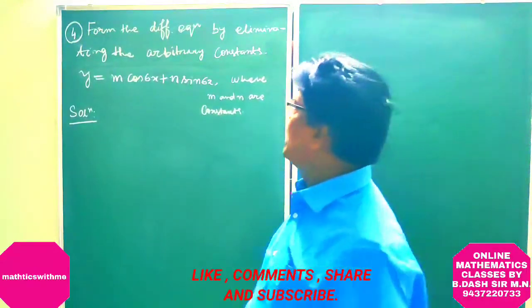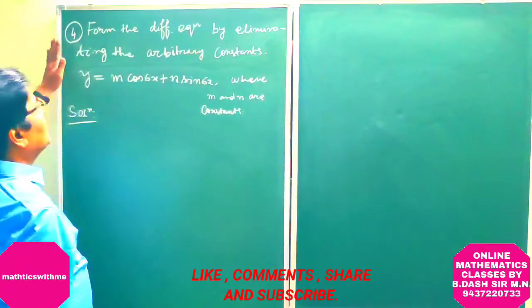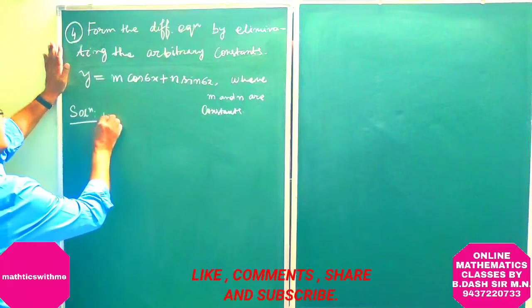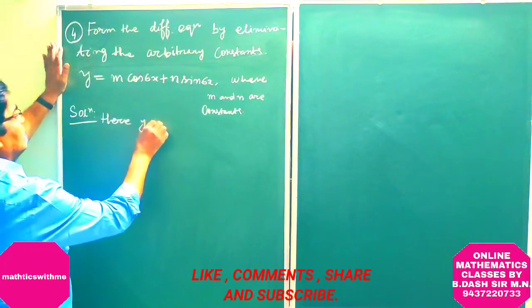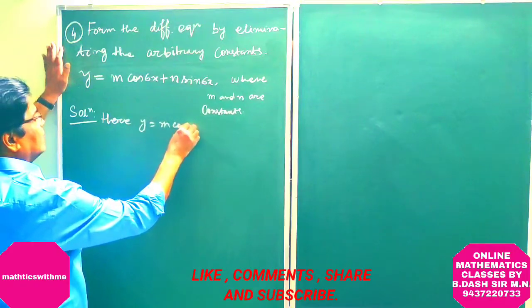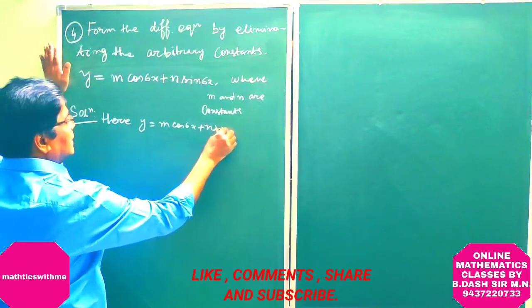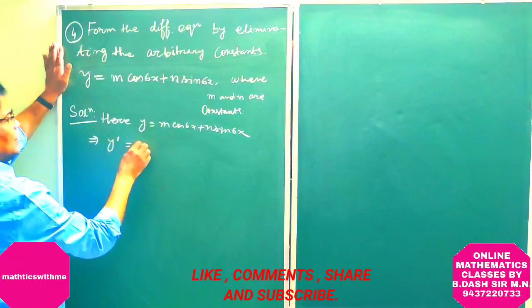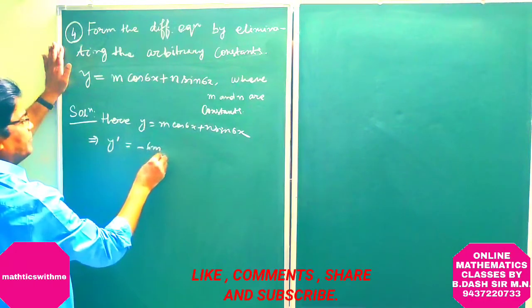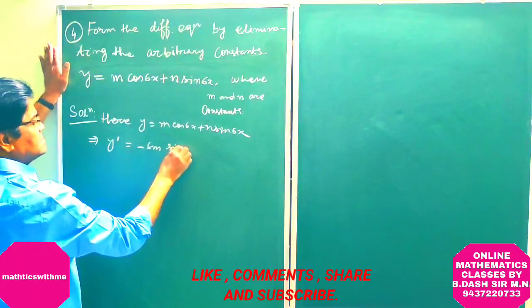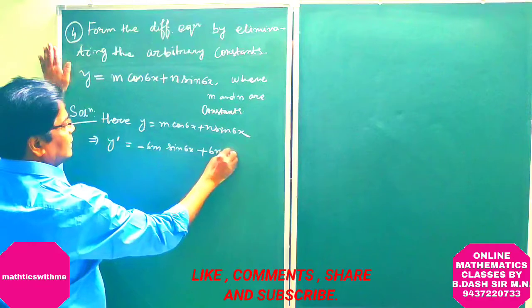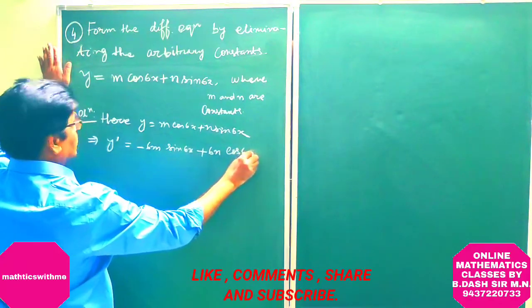Our next question is: form the differential equation by eliminating the arbitrary constants, y is equal to m cos 6x plus n sin 6x, where m and n are constants. Here y is equal to m cos 6x plus n sin 6x. So this implies y dash is equal to minus 6m sin 6x plus 6n cos 6x.